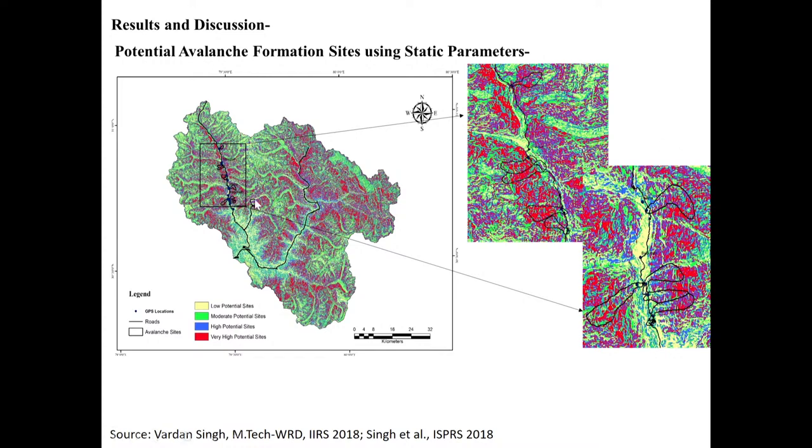So we have identified these areas, and then if the avalanche takes place, how much road will get affected due to the avalanche, that kind of analysis has been done. And then if the avalanche occurs, what will be its formation, how much area it will cover. That analysis has also been done.